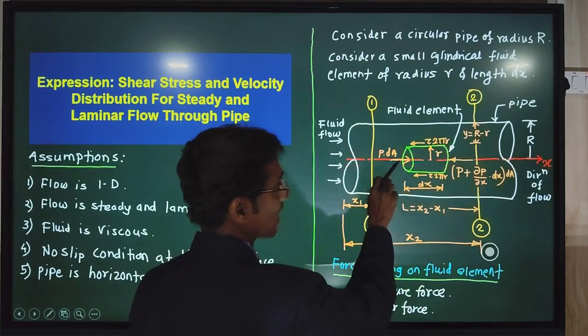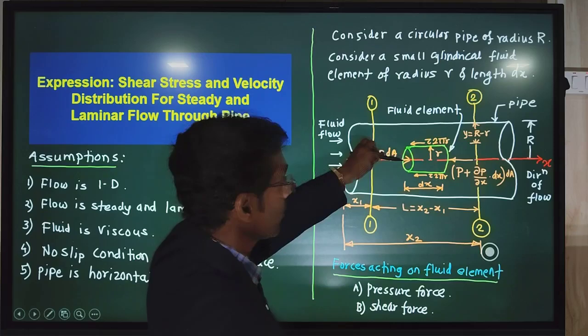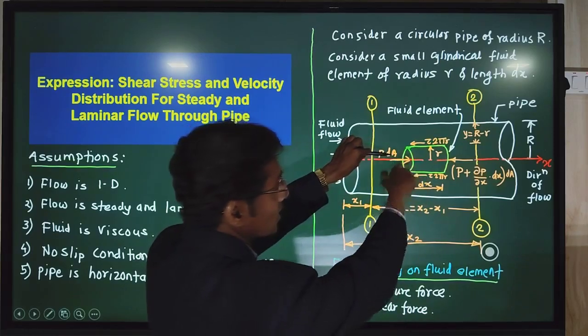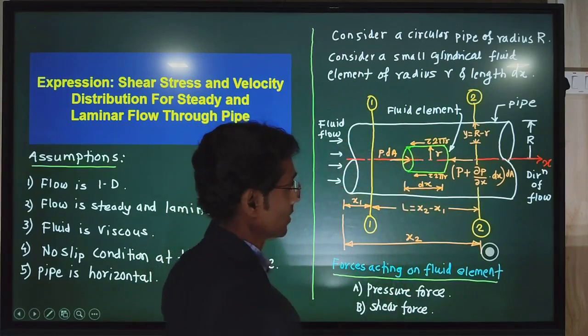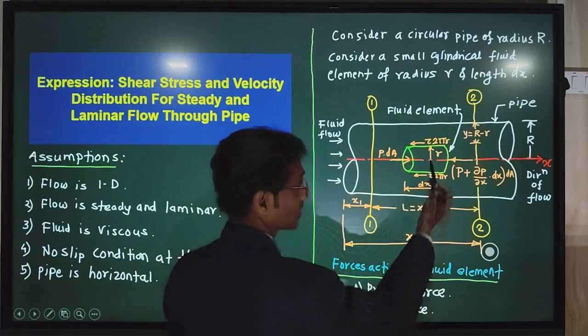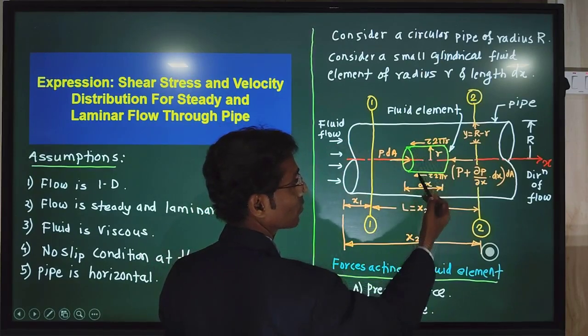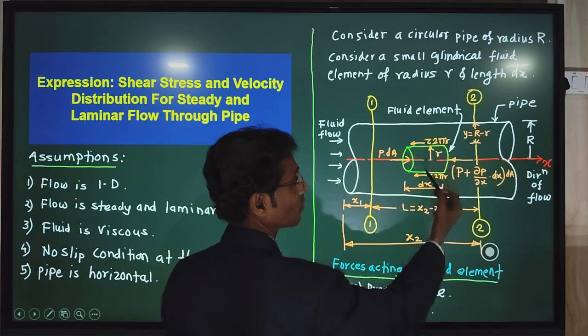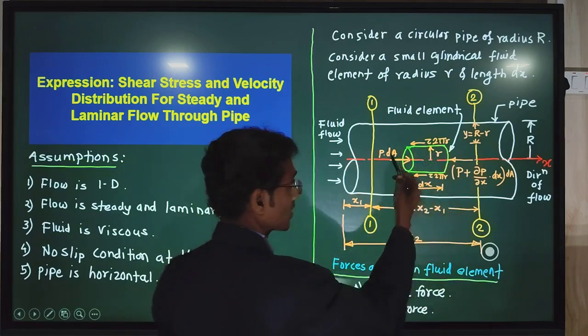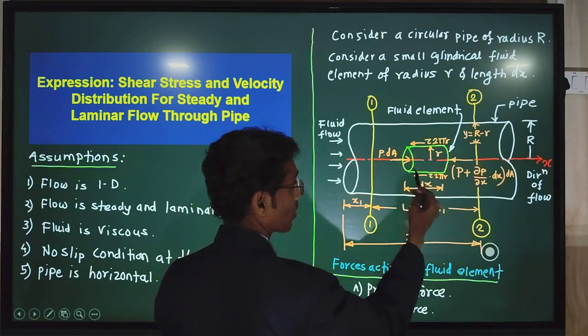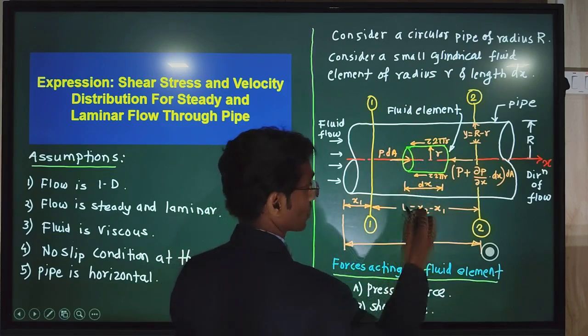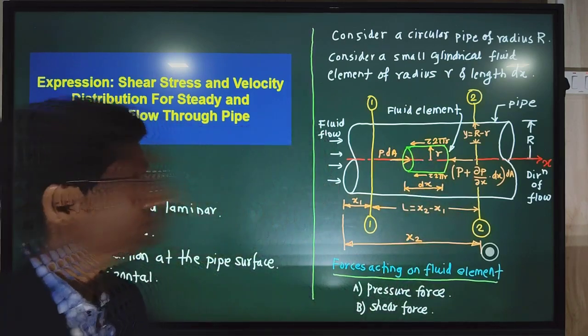Pressure force is acting on the fluid element perpendicular to the cross-sectional area of the fluid element, and shear force is acting on the surface of the fluid element. That is why it is shown on both sides. Let us discuss these two, pressure force and shear force, in further slides.